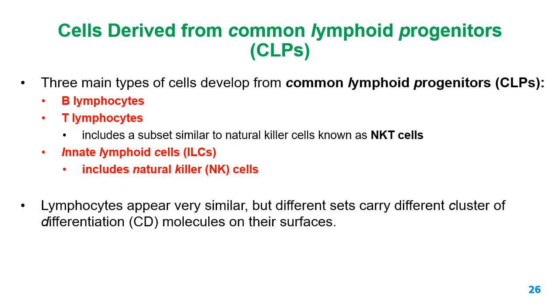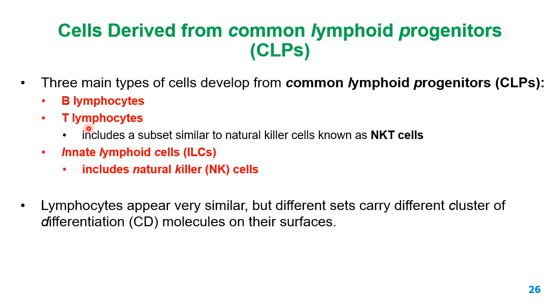All right, so now talking just a little bit about the cells that are going to become your lymphoid cells. You have here your common lymphoid progenitor cells, and they are going to become either B or T or natural killer. Here they are, B and T cells or natural killer cells.